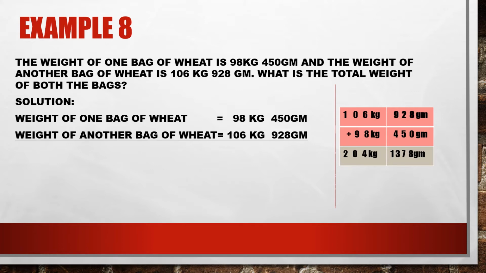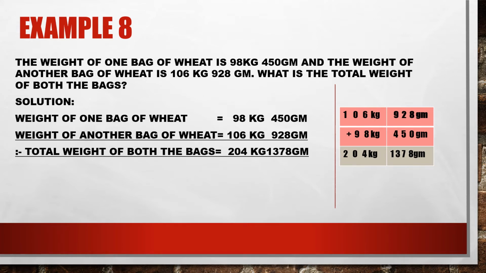And next 98 kg in the kg column and 450 grams in the grams column. Then add them separately. So we have 1,378 grams and this side we have 204 kg. Therefore, total weight of both the bags equal to, enter the total amount here, 204 kg 1,378 grams.